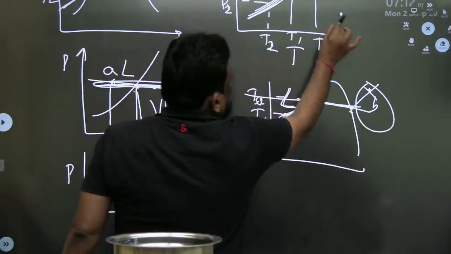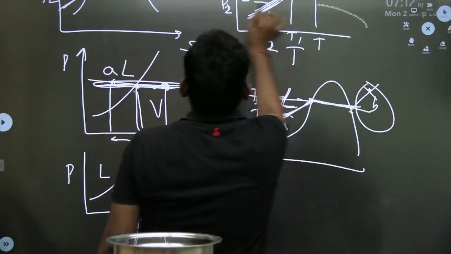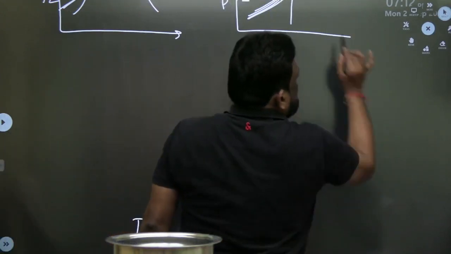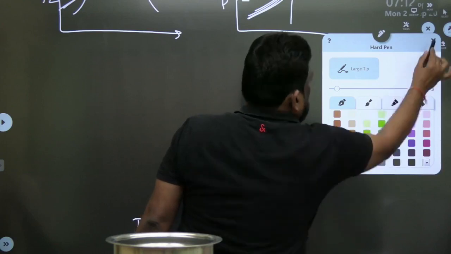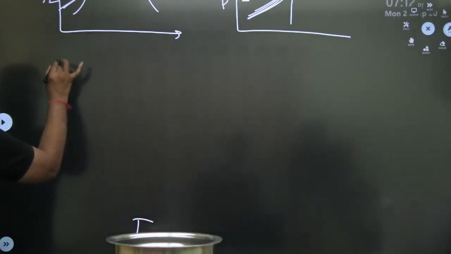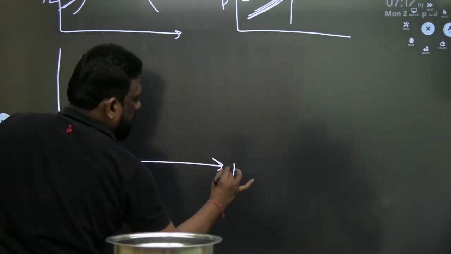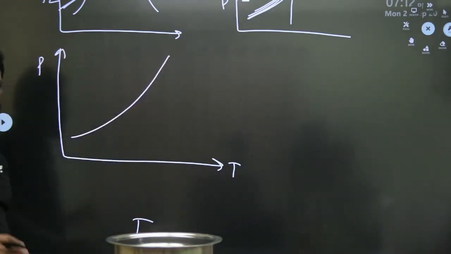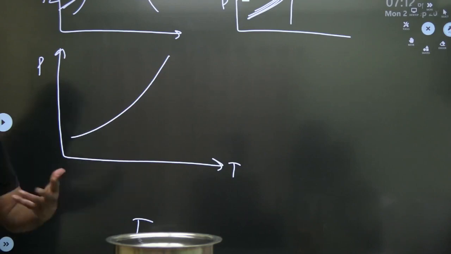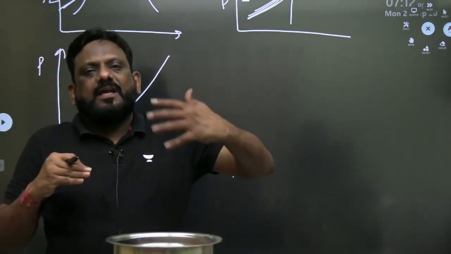Look at, one second, please. Let us understand conceptually. Let us take the temperature and pressure, and this is our curve. In order to boil, what do you mean by boiling? Conversion of liquid to vapor.